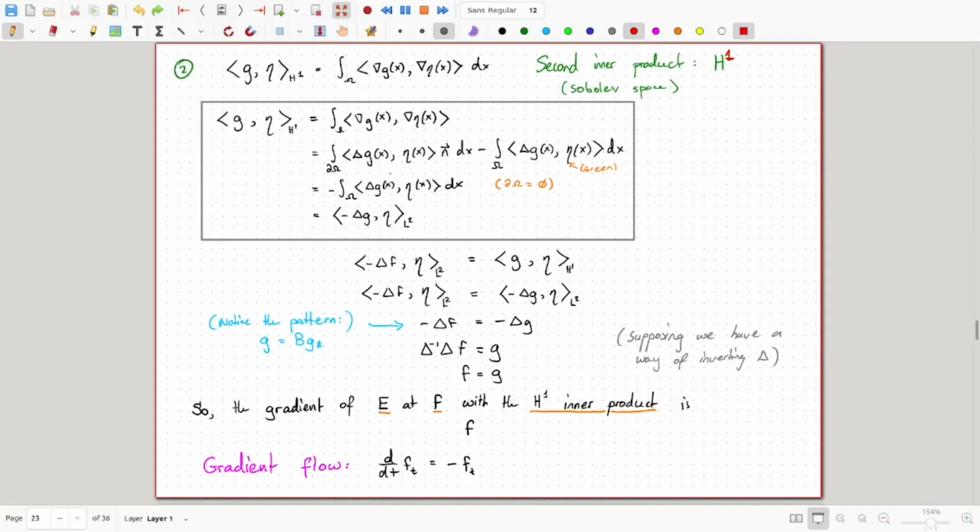And then we're going to use the fact that the boundary of omega is 0, so this is going to disappear. So we're just left with this. And then pull this negative sign in, and we're left with an L2 inner product on these functions. Okay, so now putting in our definition of the gradient, we say that the derivative of the energy at a point F, evaluated at eta, is equal to this, and that is set equal to our inner product, G eta.